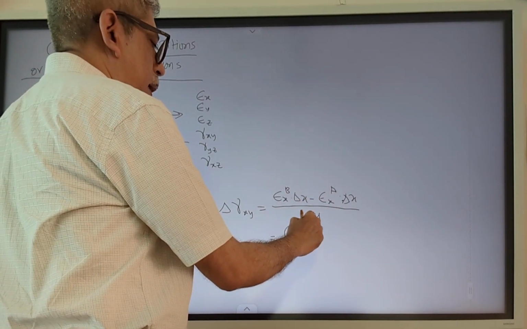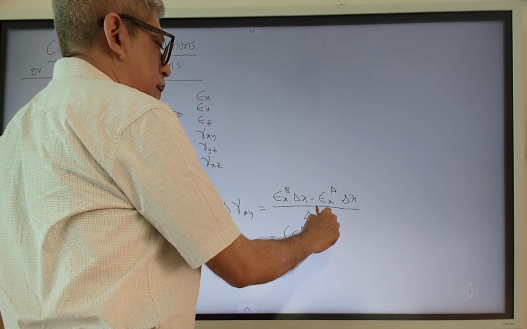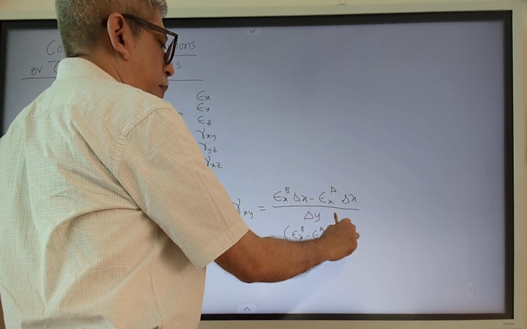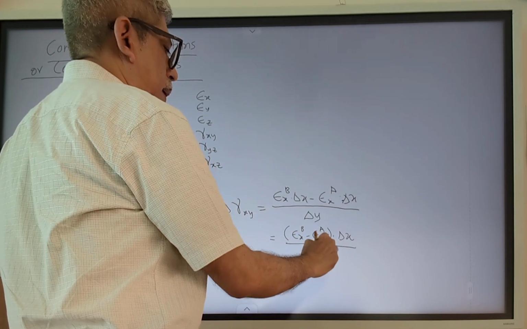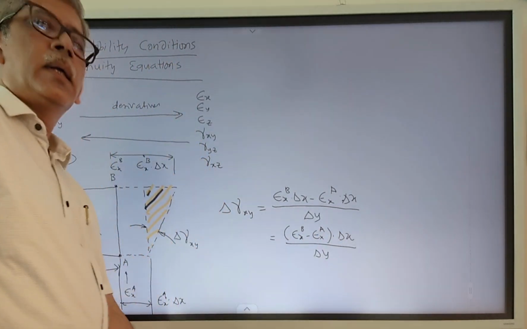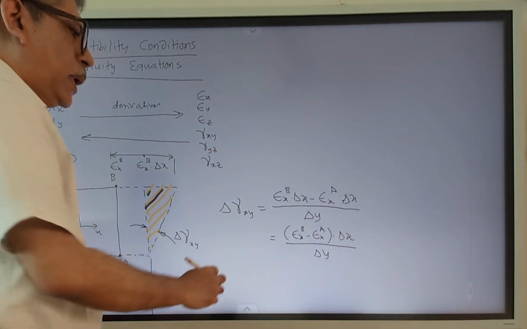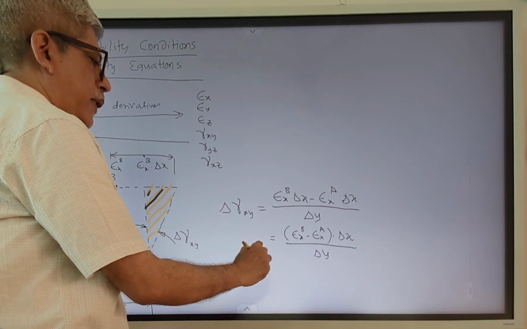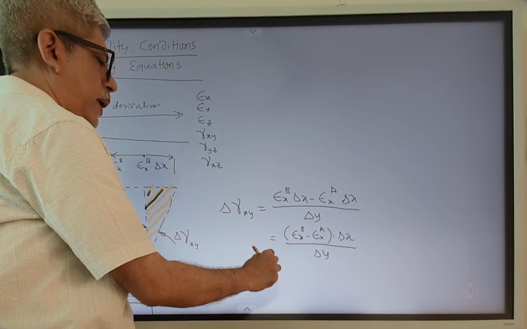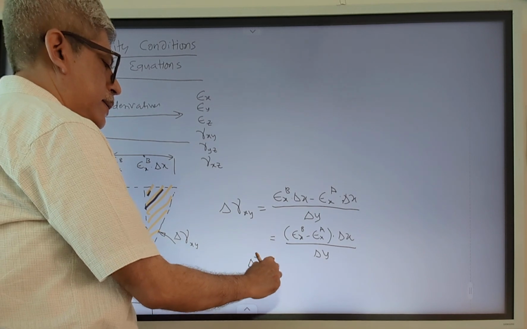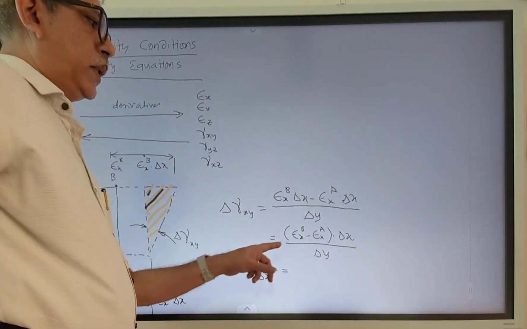So that is epsilon x b minus epsilon x a multiplied by delta x, divided by delta y.